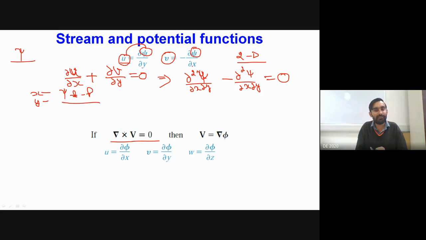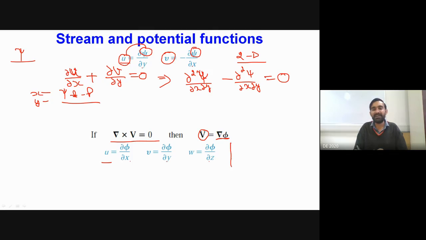So if the curl of any vector quantity is equal to 0, mathematically we can say that vector can be represented as nothing but the gradient of a scalar function phi. Okay, so we are using the gradient of the scalar function phi to define this velocity vector v. So my individual component u will be del phi by del x, v will be del phi by del y, and w will be del phi by del z.